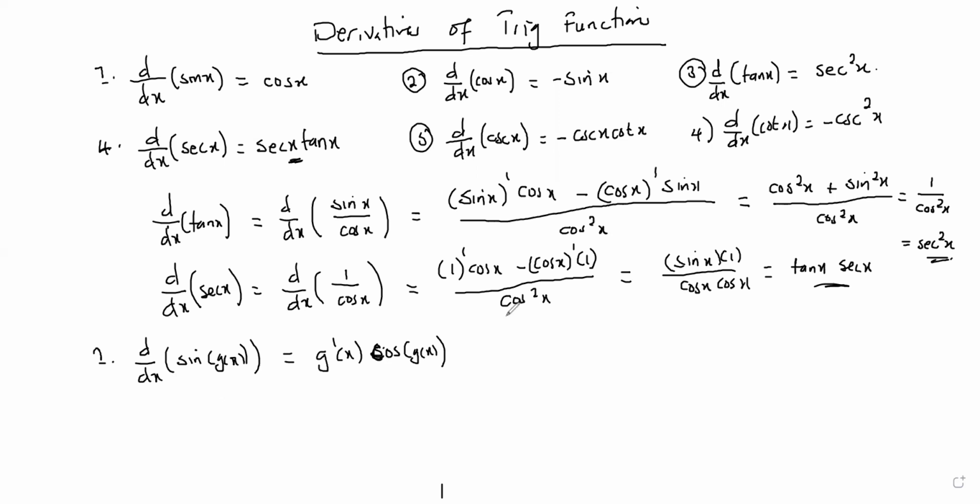Okay? So I'm running through all of them. I'm doing the general case now. Suppose I have a function inside, the derivative of cos g x. This is going to be the derivative of g multiplied by negative sine of that g.